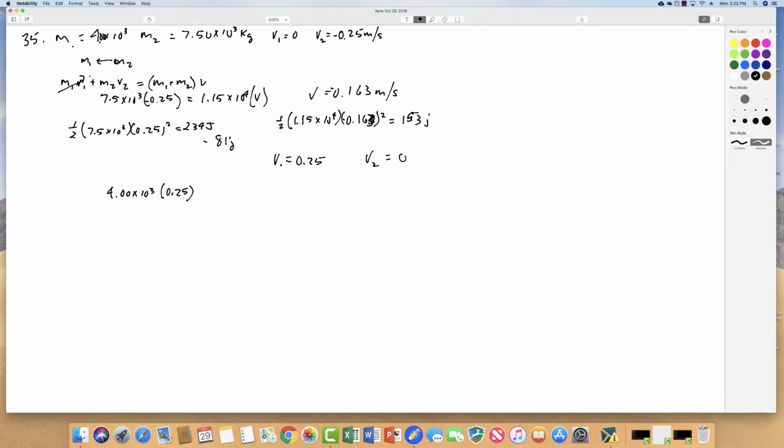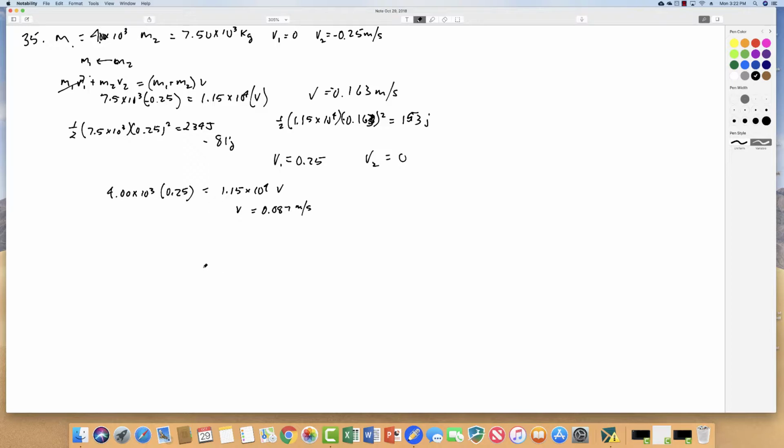Instead of this being canceled out, this is canceled out. So you have 4 times the velocity. And that's going to equal this 1.15 times 10 to the 4th times the new v. And the new v now is going to be 0.087 meters per second.